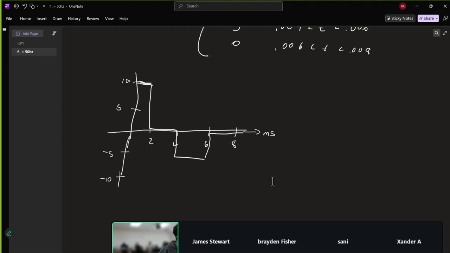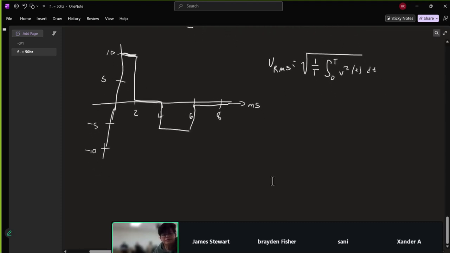So the RMS value is going to be the square root of 1 over T times the integral from 0 to T of v squared of t dt.